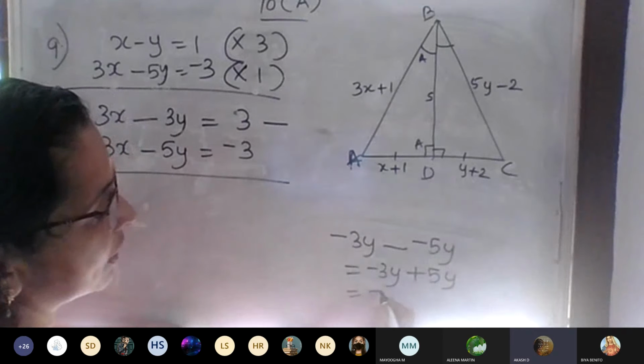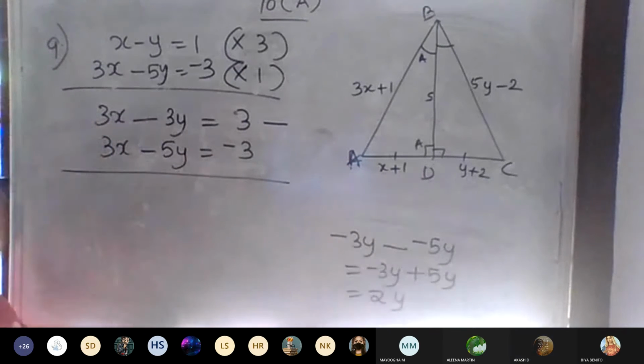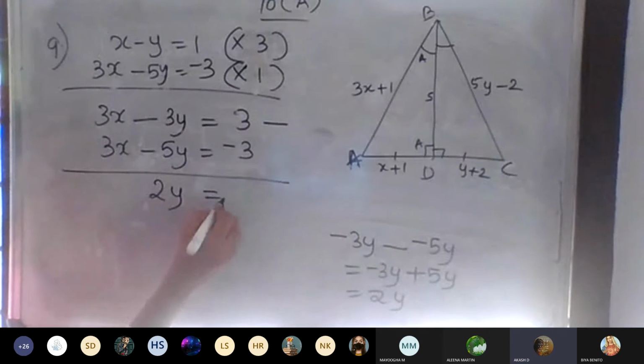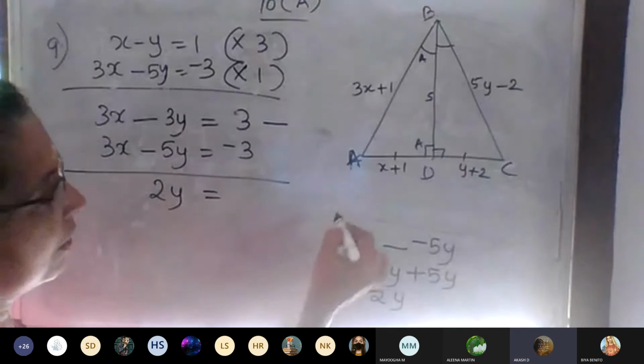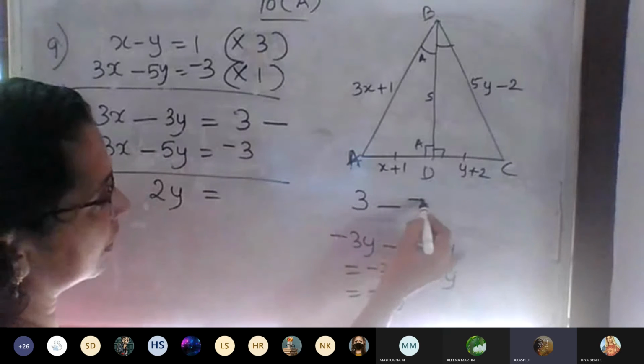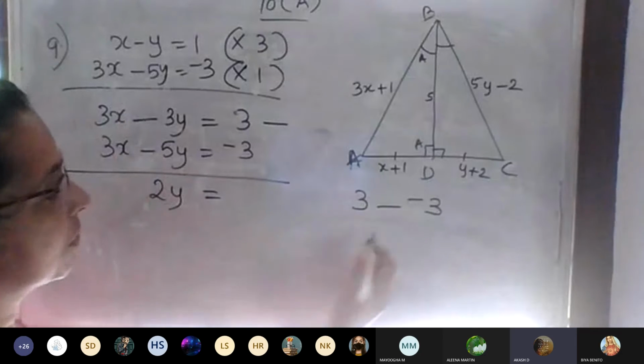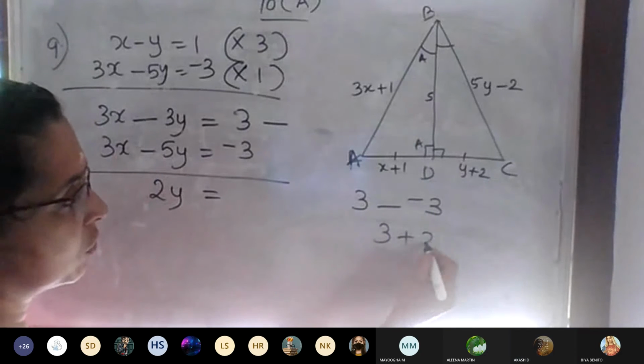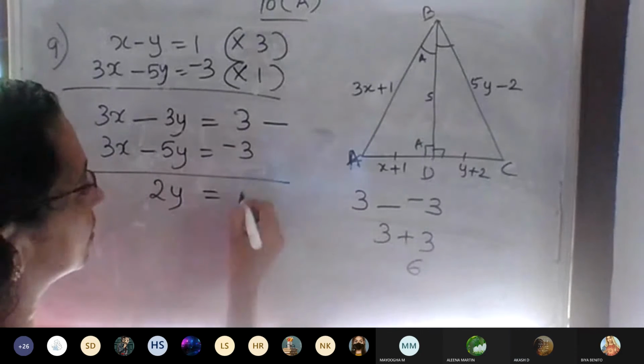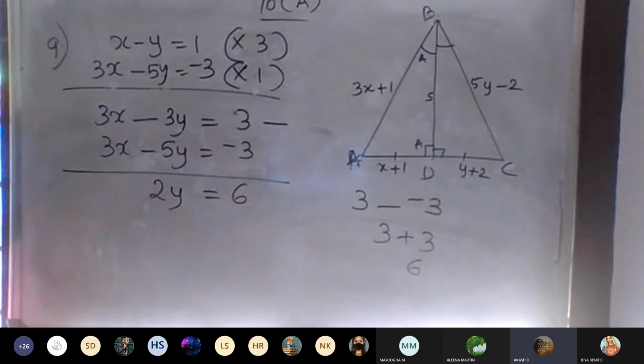One sign is positive, other is negative, so subtract and put the bigger number's sign. So 2y is equal to 3 minus negative 3, which is 3 plus 3, 6. So 2y is equal to 6, y is equal to 6 by 2, 3. Y is equal to 3.